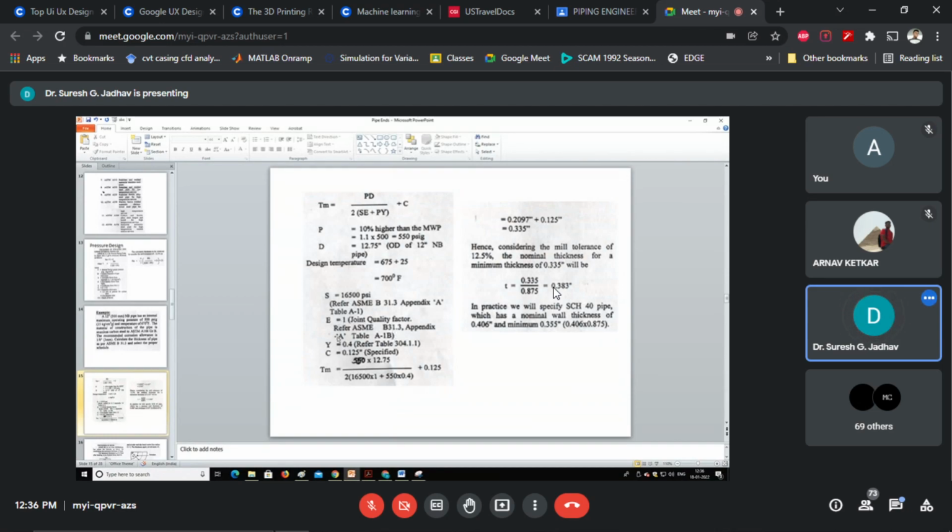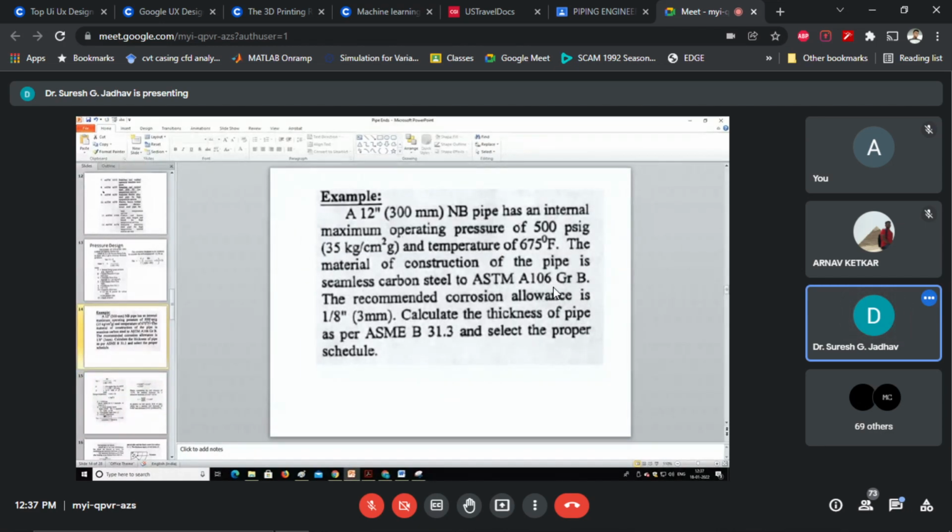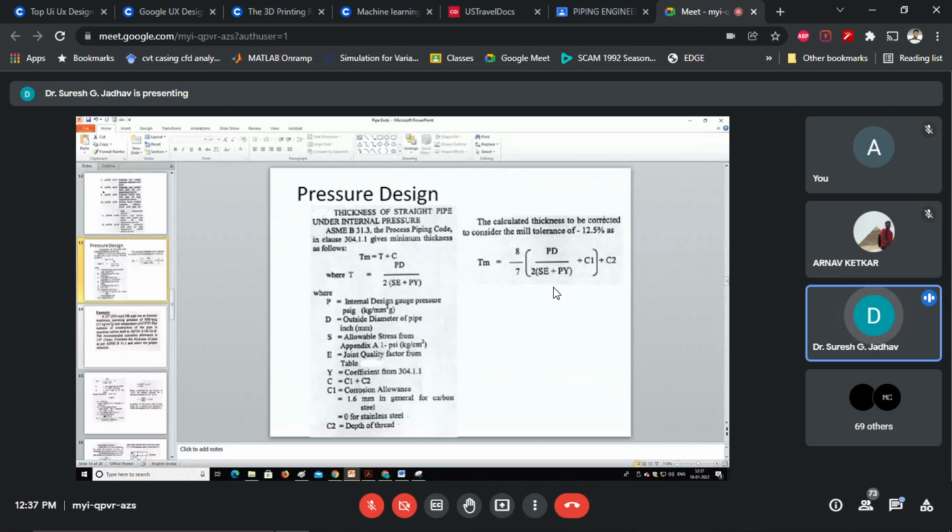Next is the coefficient. Y is the coefficient, 0.4 as per ASME B31.3, Table 304.1.1. So here the coefficient is 0.4 from these tables. And what is C? C is the corrosion allowance plus depth of thread, C1 plus C2.